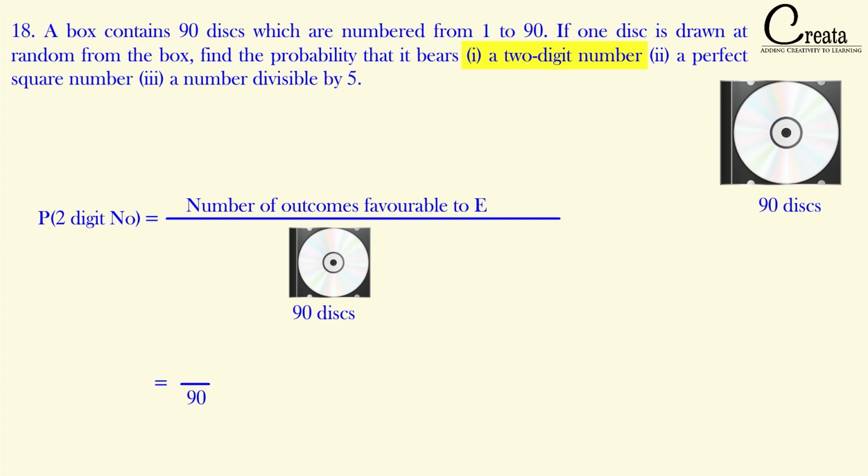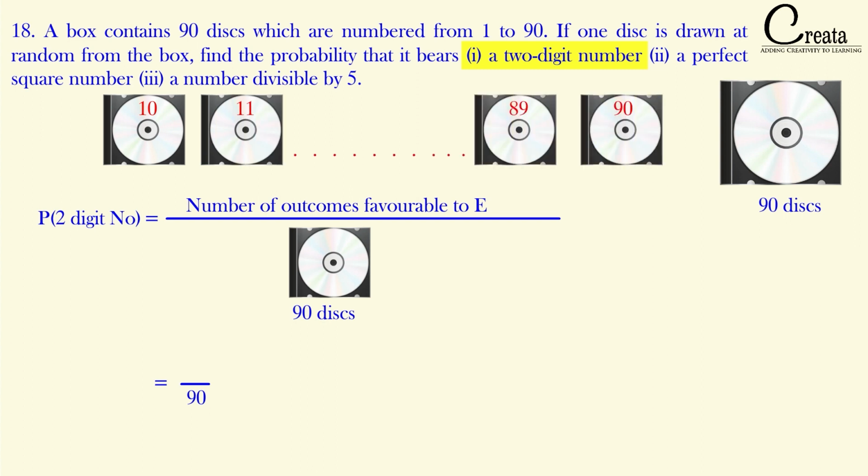In which discs will the two-digit number come? That will come from the disc numbered 10 up to 90. The discs from 1 to 9 have single digit numbers, and the discs from 10 to 90 will have two-digit numbers.